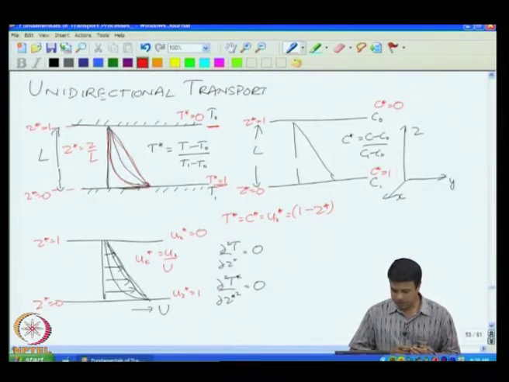We looked at a momentum transport problem. In this case, one plate is stationary, it has no velocity, the other plate is moving with a constant velocity. In the final steady state, of course, the velocity profile is linear, and the momentum flux or the shear stress is going to be a constant throughout.